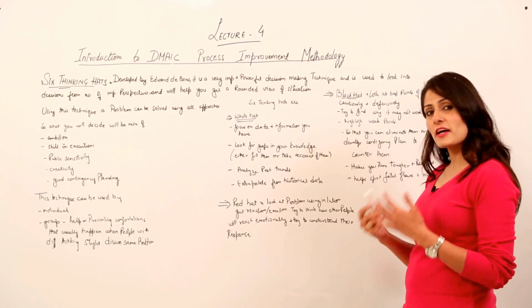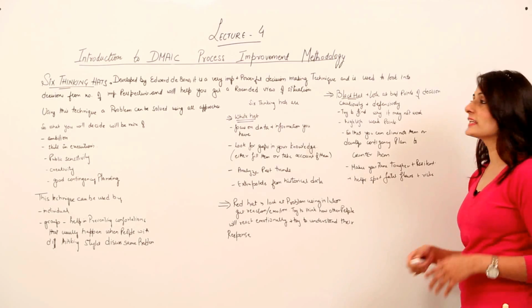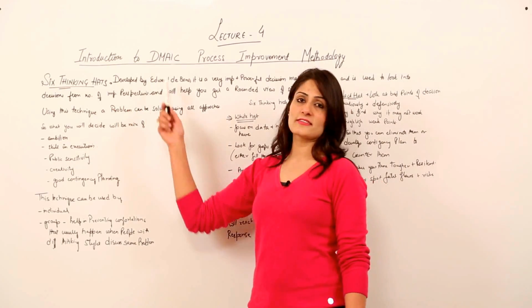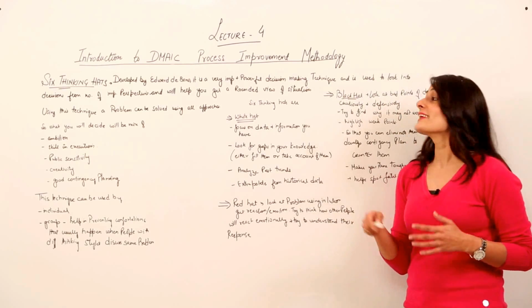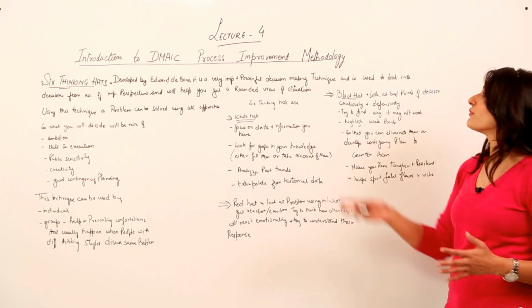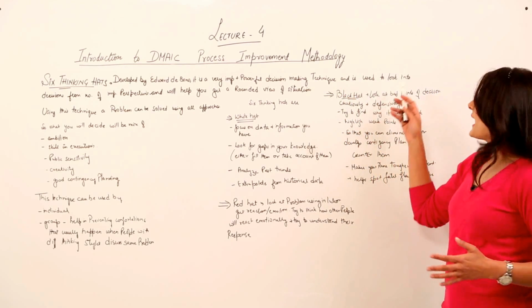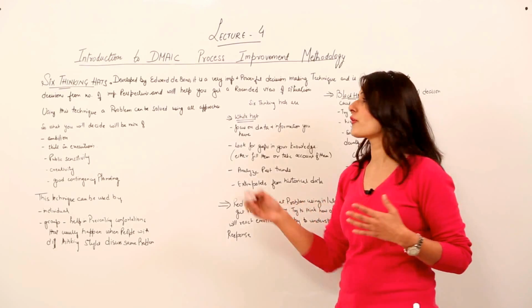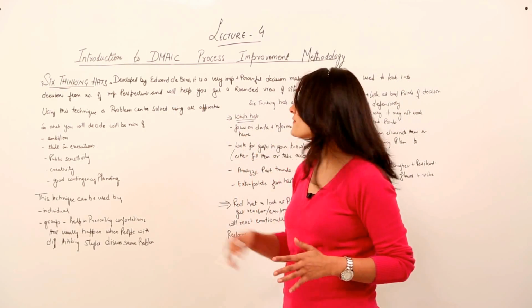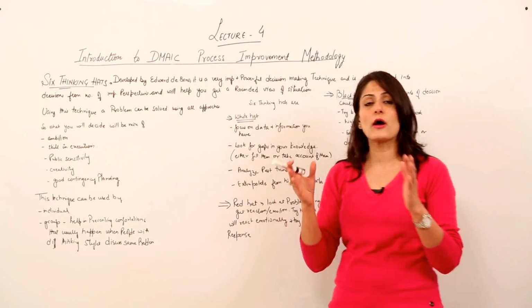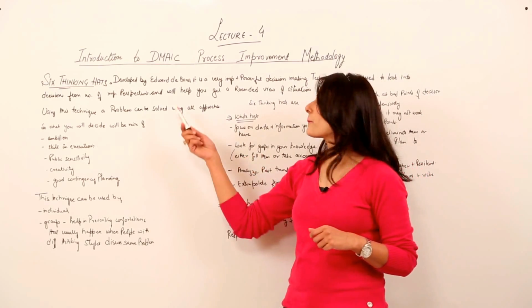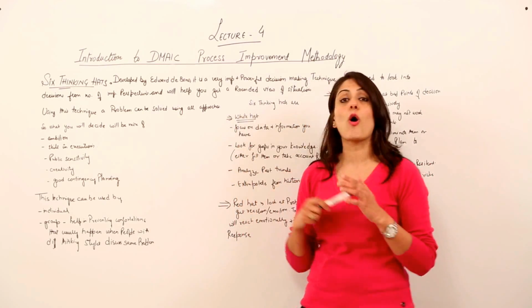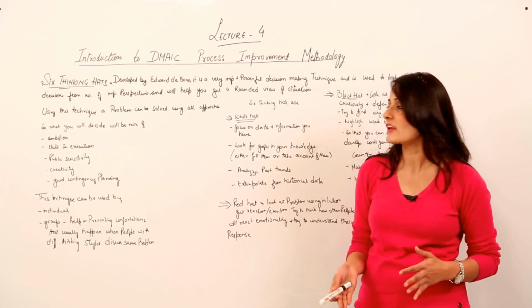Let's discuss another important decision making technique known as Six Thinking Hats. This was developed by Edward de Bono. It's a very important and powerful decision making technique and is used to look into decisions from a number of important perspectives, and this will help you get a rounded view of the situation. So using this technique, a problem can be solved using all approaches and thinking styles.